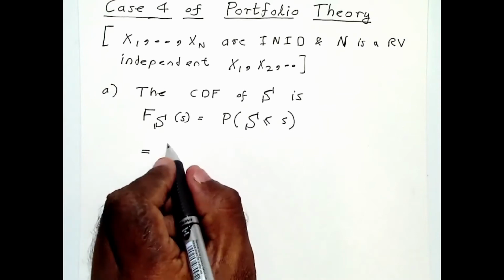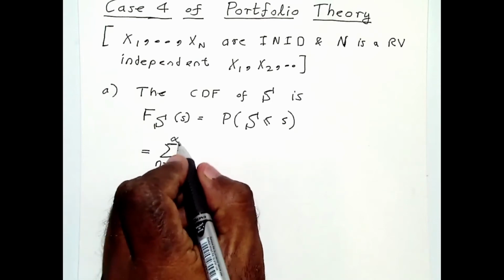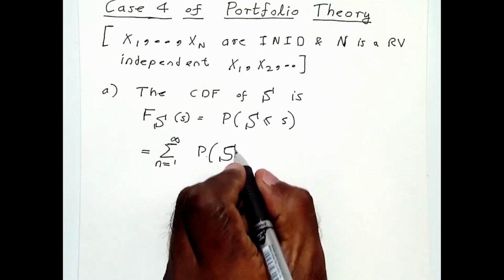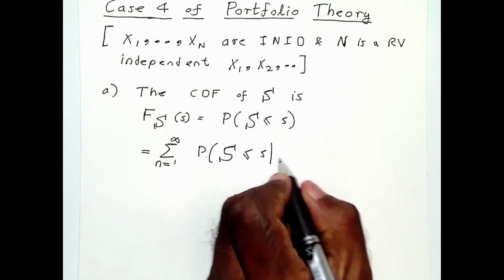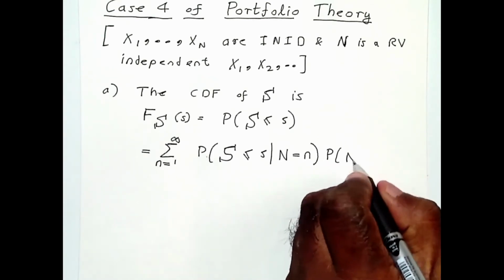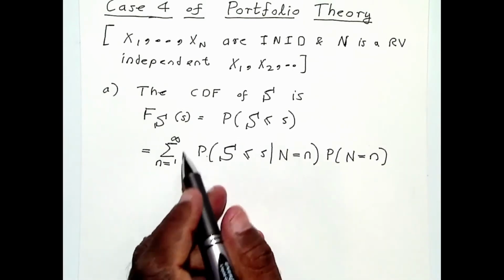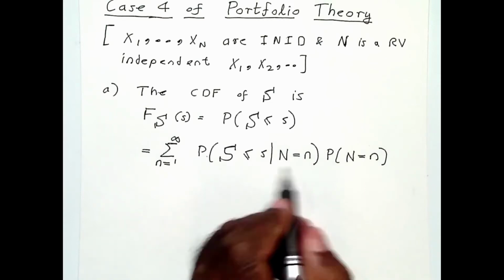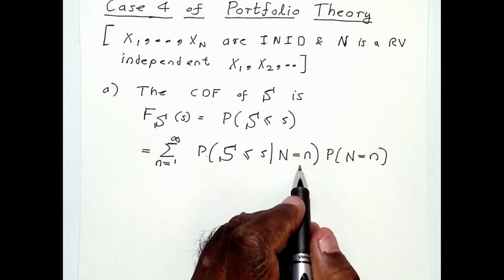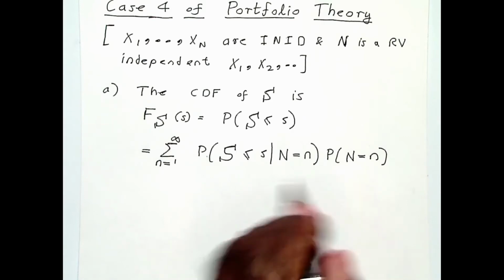In the next line, I'm going to use the total probability rule, which I mentioned before. This probability is equal to the sum of the conditional probability of S given N equal to little n, so you're fixing the value for the number of investments, times the probability that capital N equal to little n.